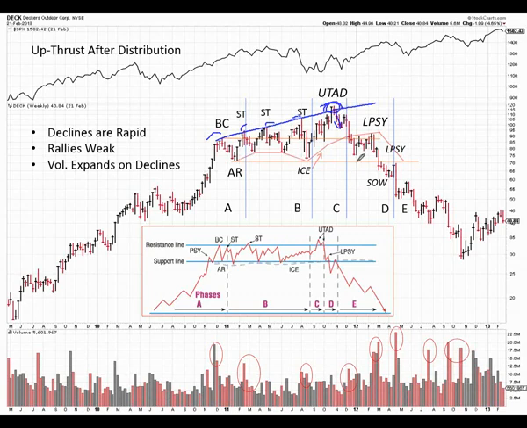And on this fall, if we're thinking distribution, we want to see the structural damage, and that would be the commitment below the support. And with that, we want to see the increase in the spread. And also we want to have some kind of supply signature that would confirm that movement to the downside. So those are the elements for us to look for in the distribution scenario.